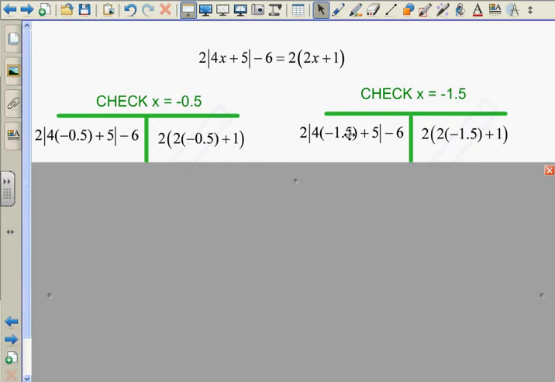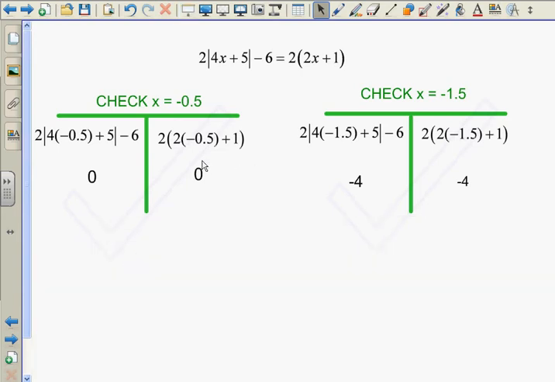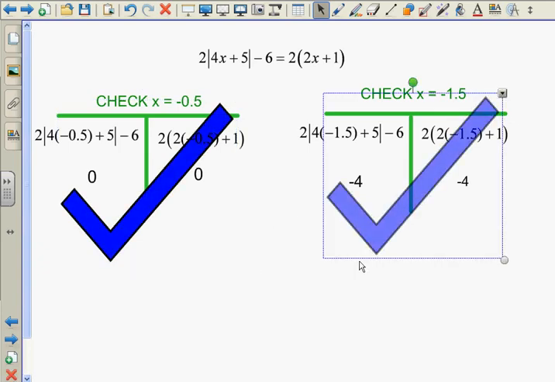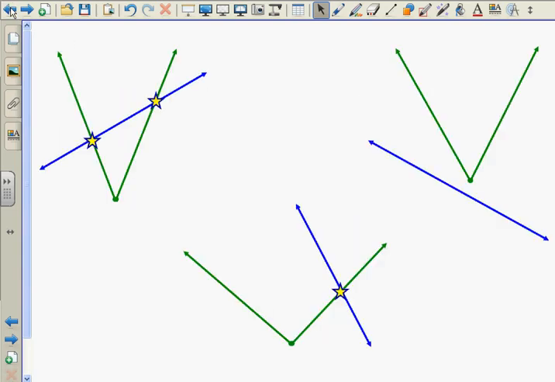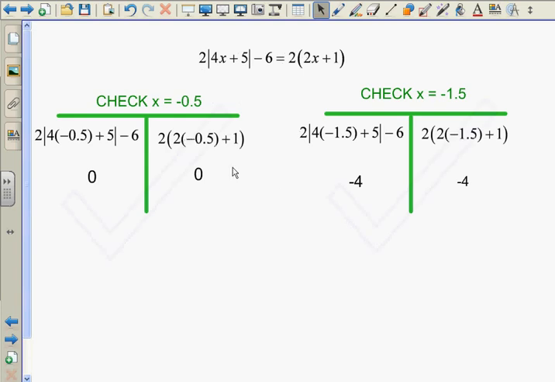Same thing over here, just plugging in negative 1.5 for x. So if we look at our results, they both work, right? So here we've got that negative 0.5 works, it leads to something true, and so does negative 1.5. So this must have been this first case where the line ends up crossing the absolute value twice because both answers worked.